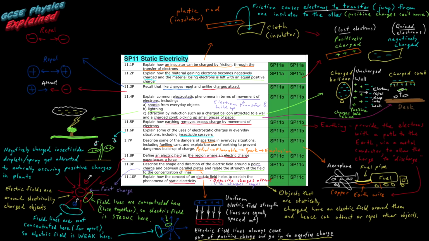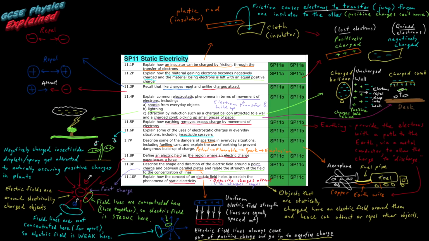Describe some of the dangers of sparking in everyday situations, including fueling cars, and explain the use of earthing to prevent dangerous build-up of charge. Basically, petrol is flammable. If you allow electrons to build up, there'll be a spark and there could be an explosion. So you ask yourself, how can the electrons build up to create a spark?